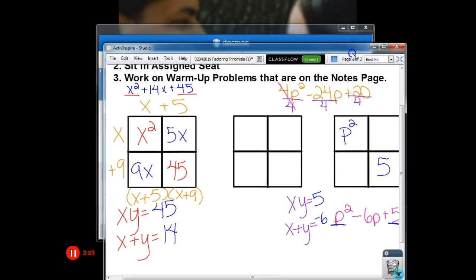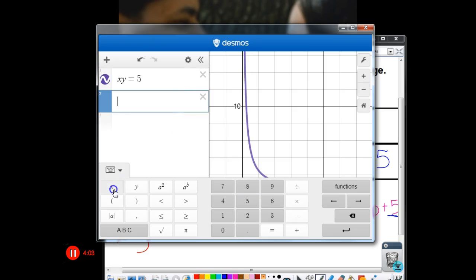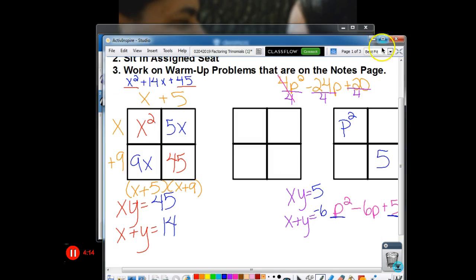And so if I go to Desmos, xy has to equal 5, and then x plus y equals negative 6. Find your intersections, which are right here. So it's negative 5 and negative 1.